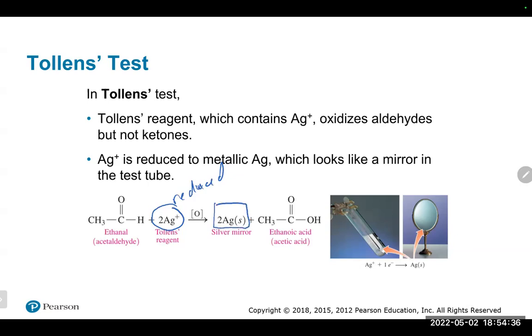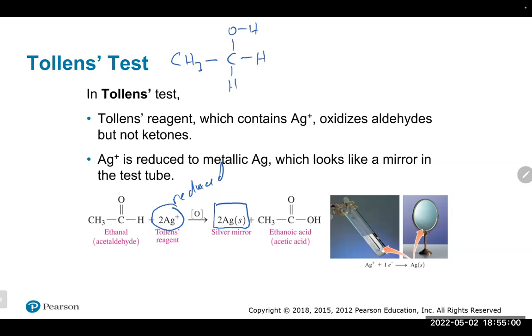And this occurs as the aldehyde gets oxidized. So let's revisit one alcohol reaction that we talked about, which was a secondary alcohol. I'm sorry, primary alcohol. Let me spit that out right there.